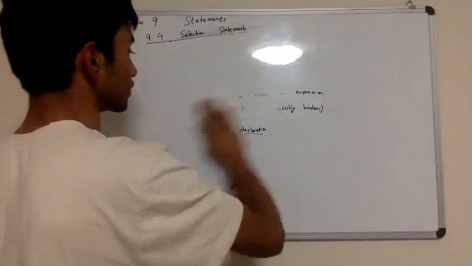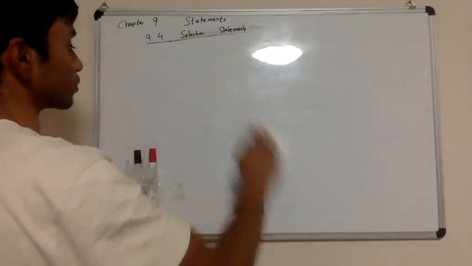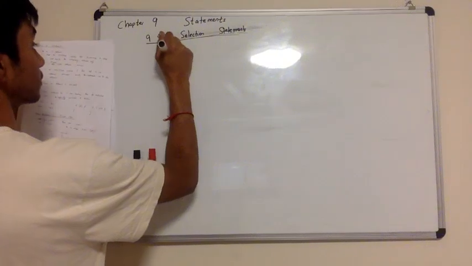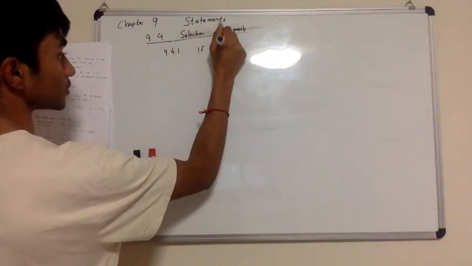All right. So now we look at if statements in more detail. So we've seen their structure, how we would generally write them in terms of pseudocode, but what would they really look like? So 9.4.1 is if statements.